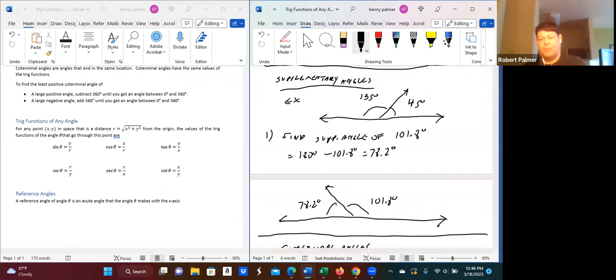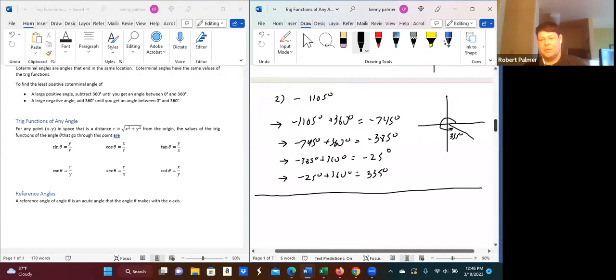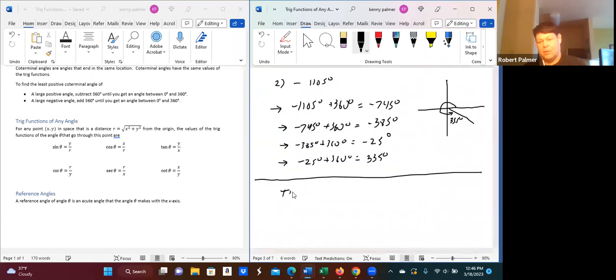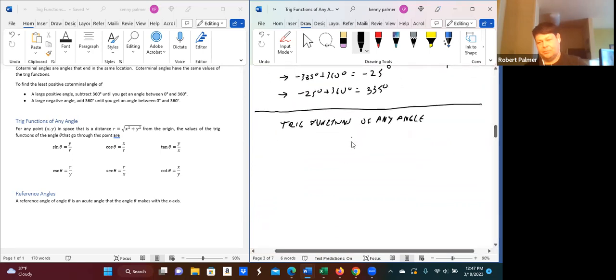The trig functions of any point in space. So if we have some point, an xy coordinate point, let's draw this.